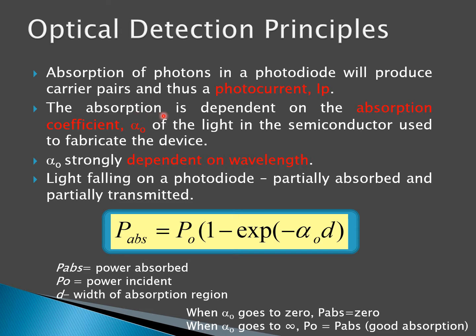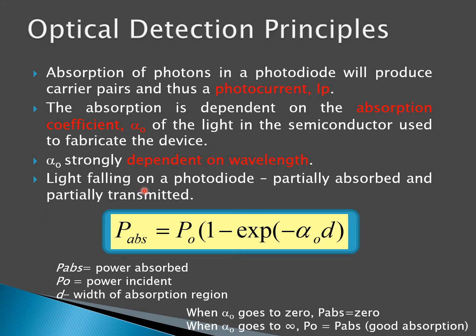The absorption is dependent on the absorption coefficient alpha naught, which is the absorption coefficient of the light in the semiconductor used to fabricate the device. Different photodiodes will have different absorption coefficient alpha naught. So alpha naught is strongly dependent on the wavelength.